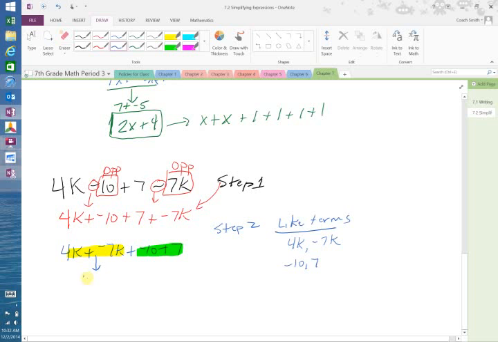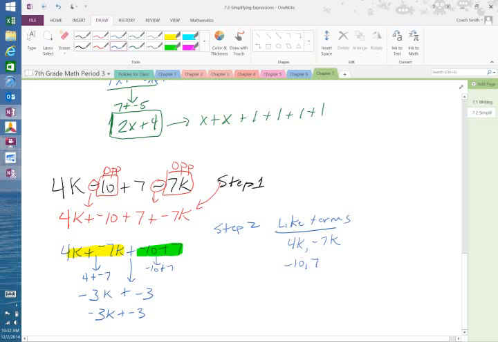This is 4 plus negative 7. What is 4 plus negative 7? Negative 3. So that is negative 3k plus, what is negative 10 plus 7? Negative 3. Okay, so I have negative 3k plus negative 3.